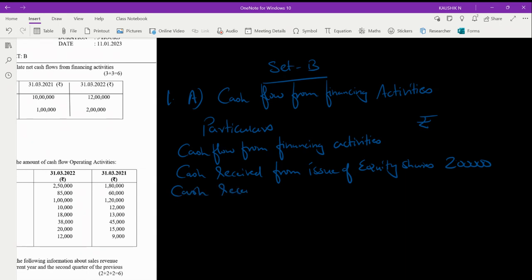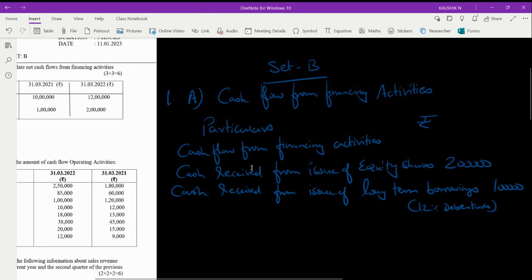Cash received from issue of long term borrowings. Within a bracket, you can mention it as 12 percentage debentures. This value is rupees 1 lakh.